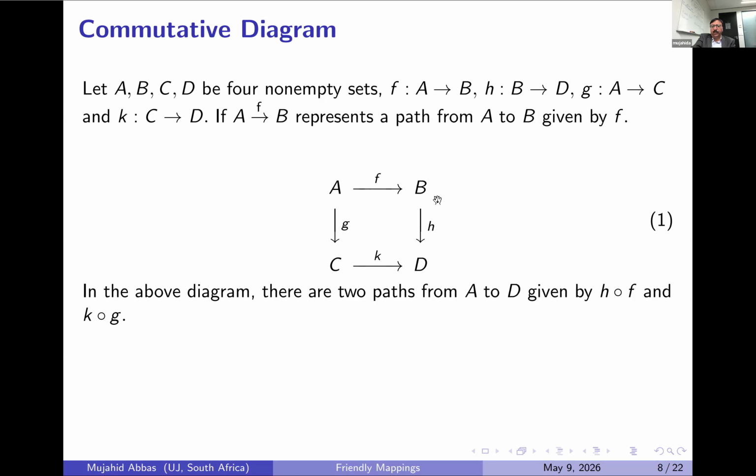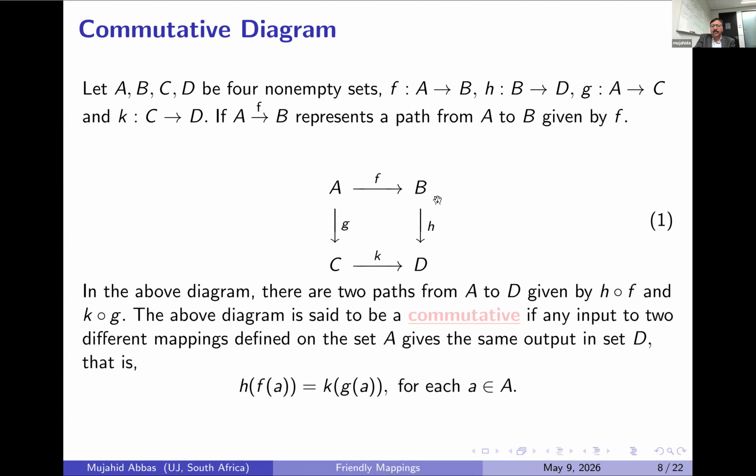These two paths take you from set A to set D, and the other two paths also take you from set A to set D. If the outcome of these two paths is the same, this diagram is a commutative diagram.